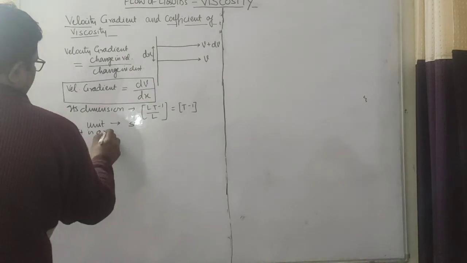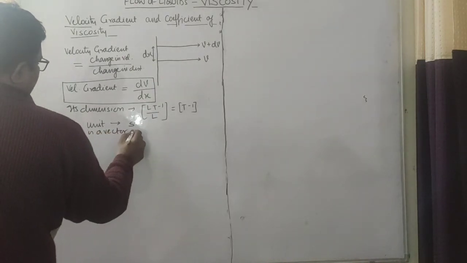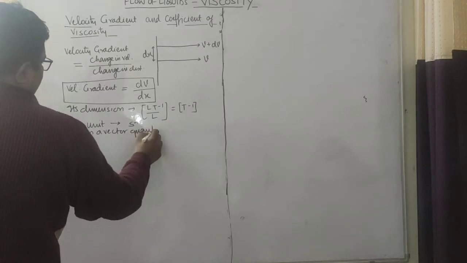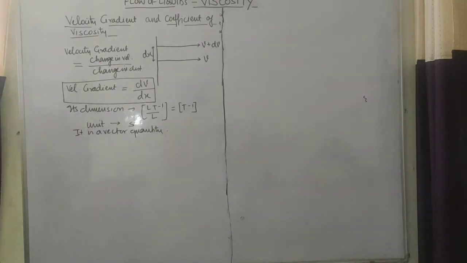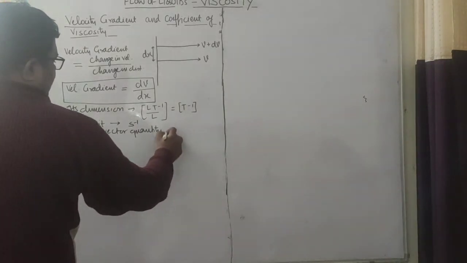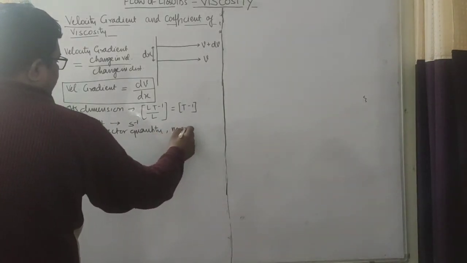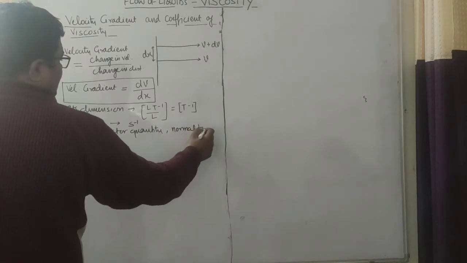It is a vector quantity. Vector quantity normal to the flow of fluid. Normal means perpendicular.